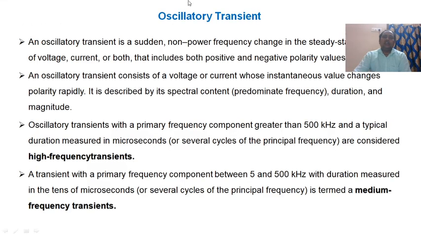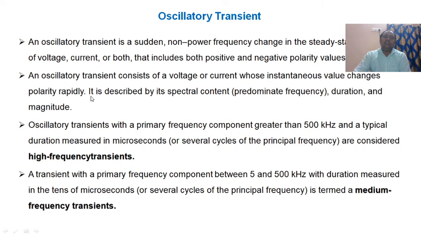This is the oscillatory transient. An oscillatory transient is a sudden non-power frequency change in steady state condition of voltage, current, or both, that includes both positive and negative polarity values. It consists of voltage or current whose instantaneous value changes polarity rapidly.